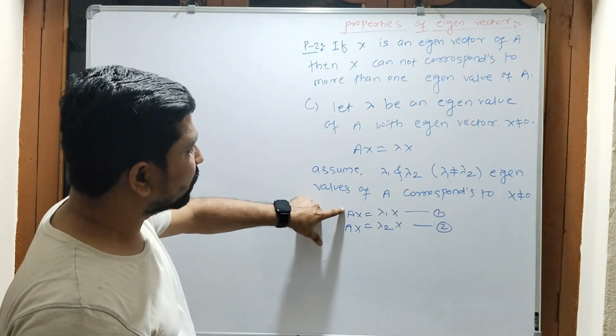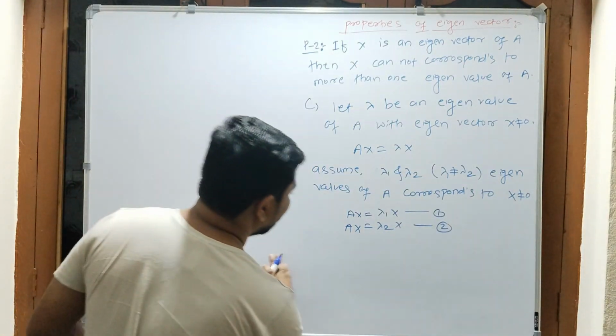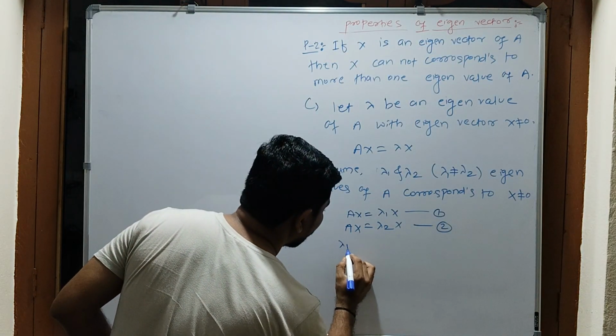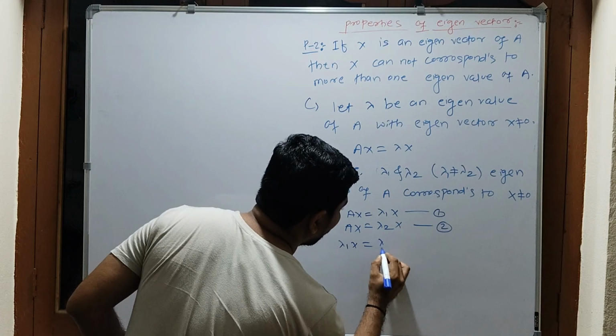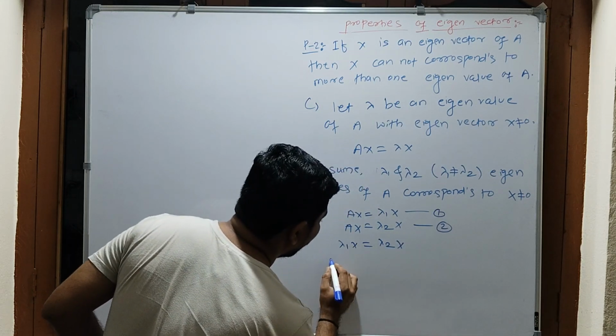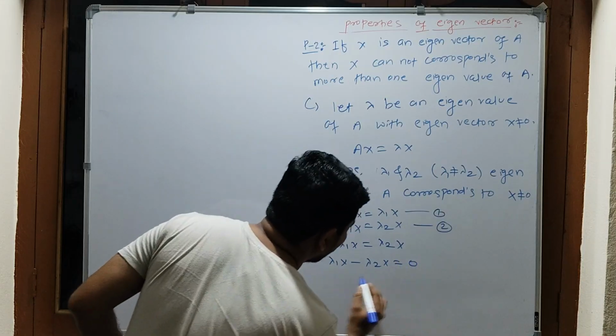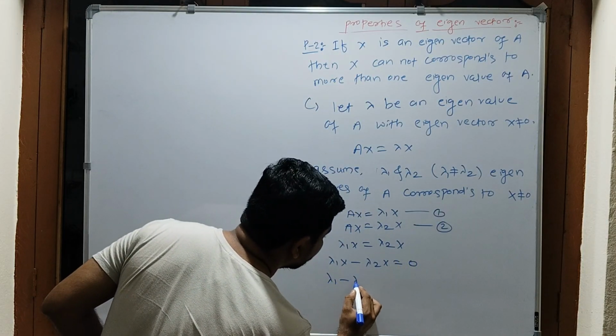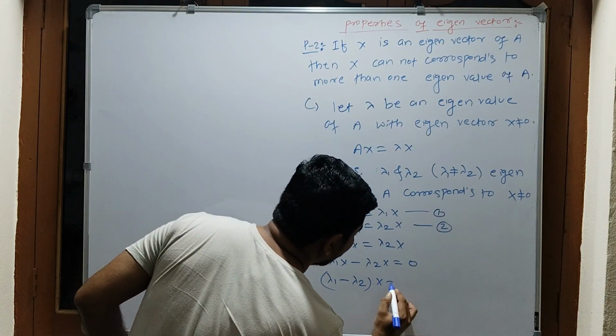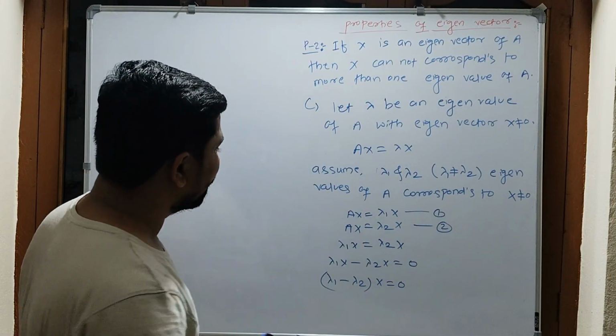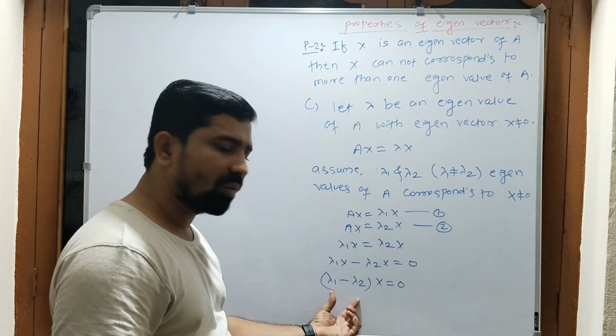The left-hand sides of equation 1 and equation 2 are the same, so the right-hand sides must be the same. Here lambda 1 x equals lambda 2 x. So lambda 1 x minus lambda 2 x equals 0, and from here, lambda 1 minus lambda 2, times x, equals 0. The product of the two is 0, so either one must be 0.